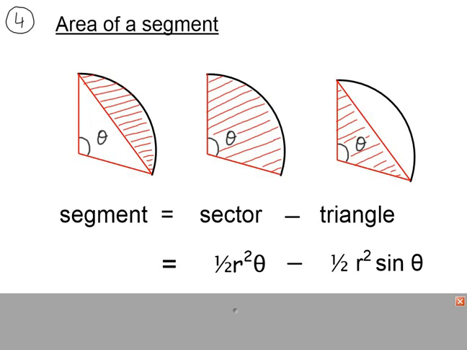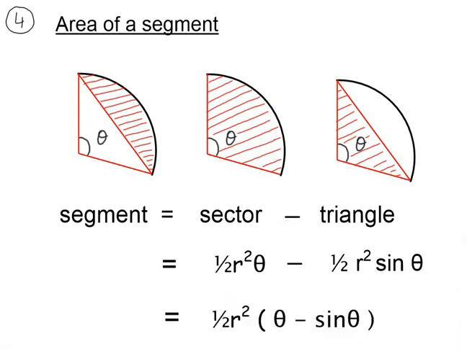So some algebra: we know the formula for the area of a sector, we know the formula for the area of the triangle, and this formula here for the sector is in radians, so we should use angle theta in radians right throughout, and your calculator should be in radians mode too.